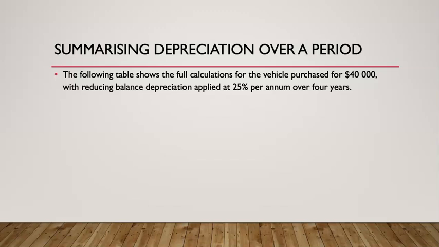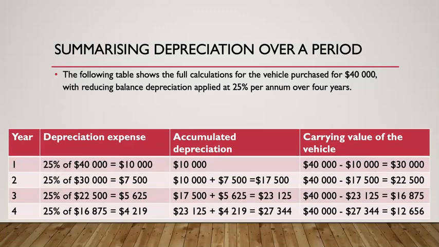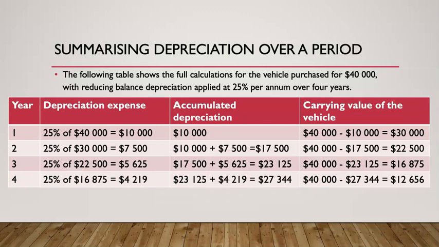So to summarize depreciation over periods, we will keep applying this 25% over the 4 years to the carrying value. You will be required to become good at making tables like this, with really 3 columns: depreciation expense, accumulated depreciation, and carrying value.